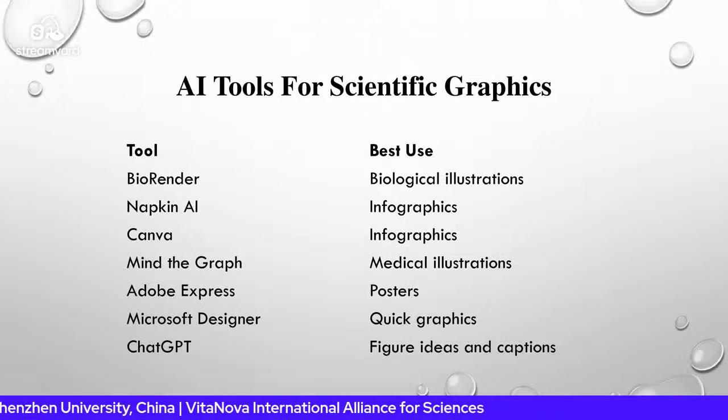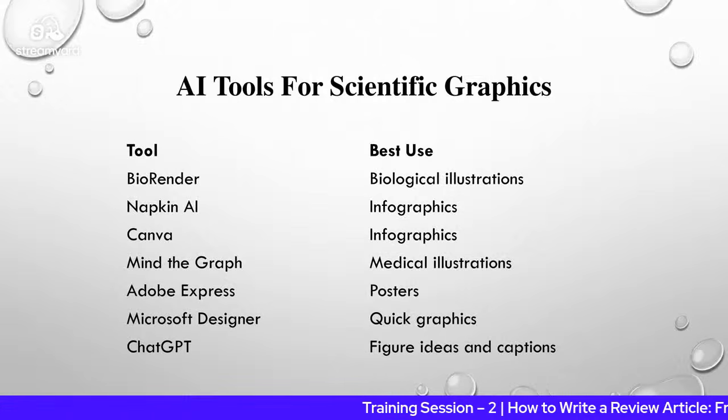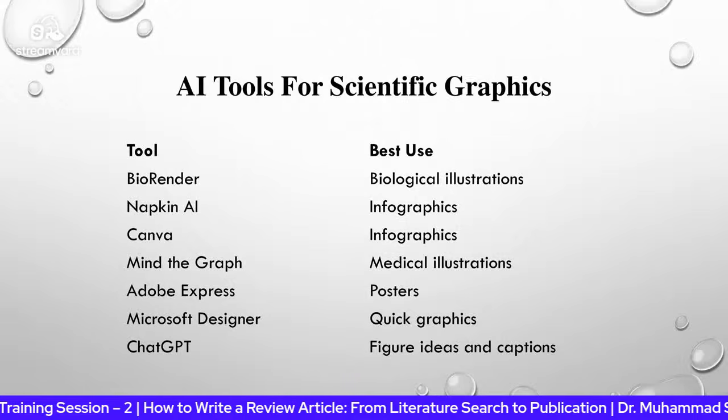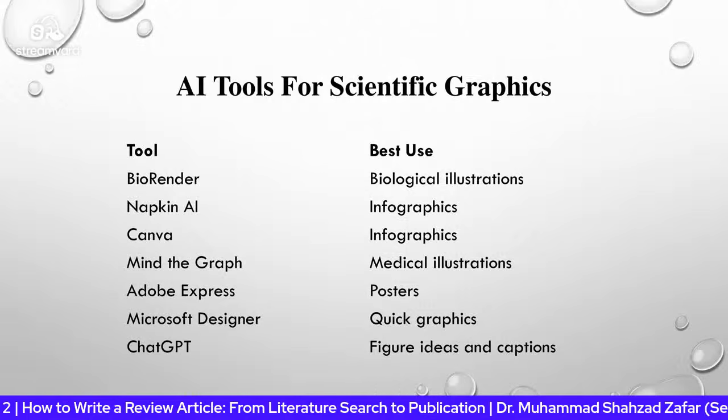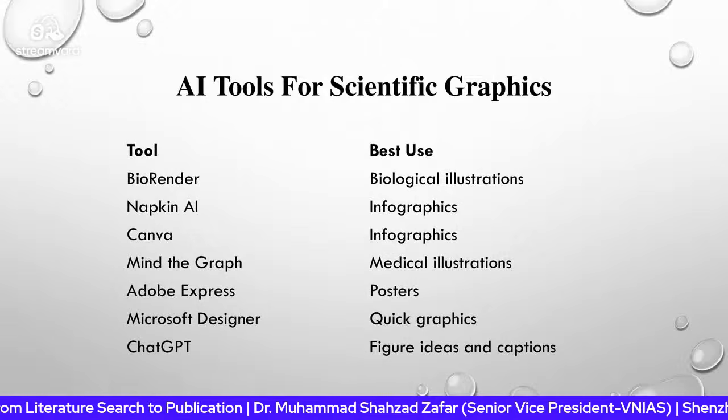A number of digital and AI-assisted tools can help. BioRender is very useful for biological and biomedical illustrations. Napkin AI is useful for converting ideas or text into visual concepts and infographics as well. Canva is good for simple infographics and general visual design.